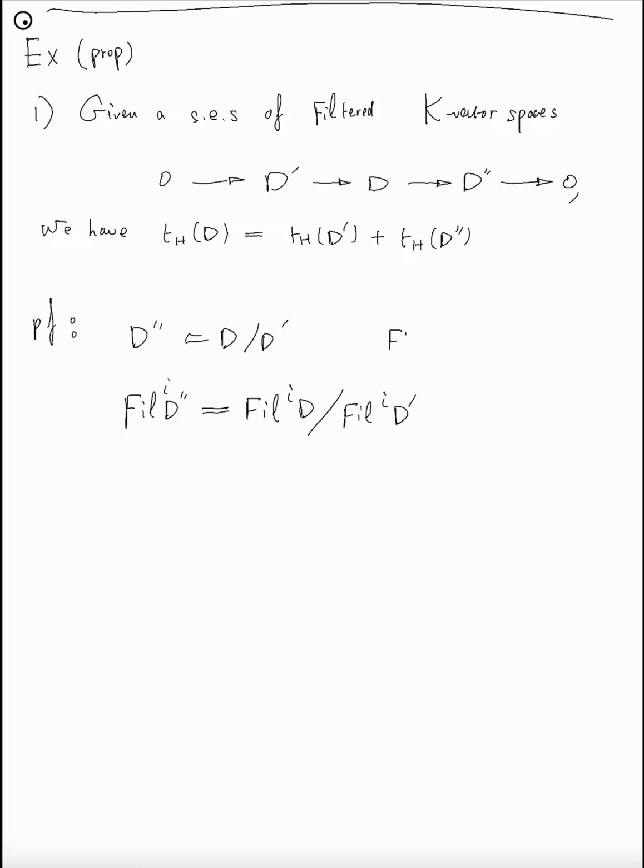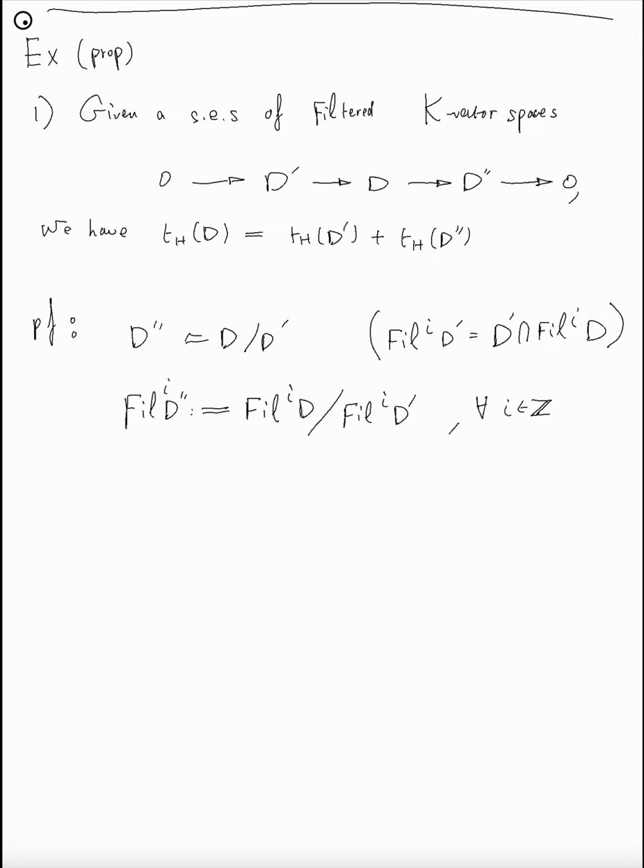The filtration of D prime, recall, is just D prime intersected with the filtration of D. And you could think of this as the definition of the filtration of D double prime. It comes from the quotient filtration. So for any integer, we have this.